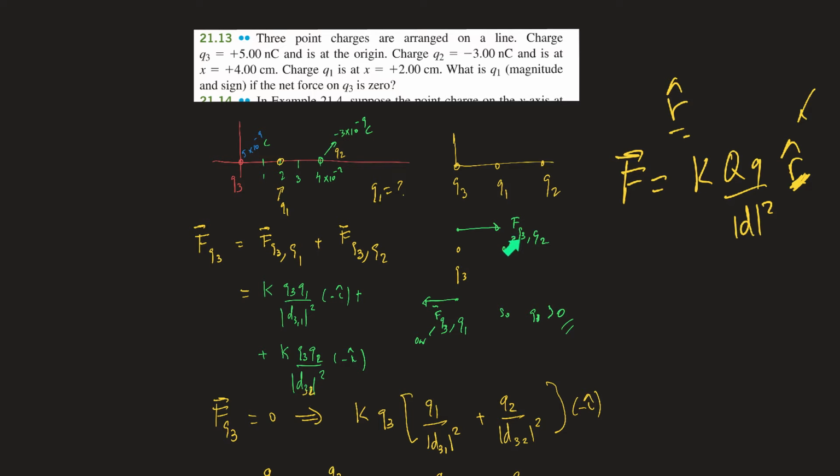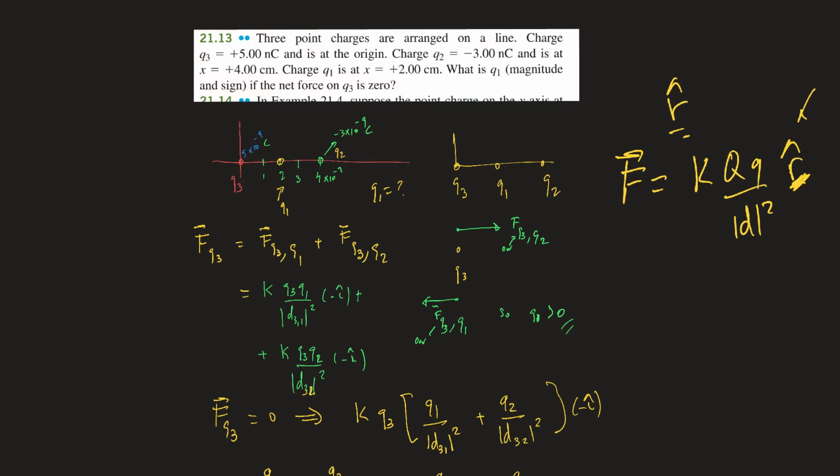So the force acting on Q3 due to Q2 will go to the right, while the force on Q3 due to Q1 should be to the left if you want to have a total force of zero. Okay, so the force acting on Q3 is the vector sum of these two expressions.